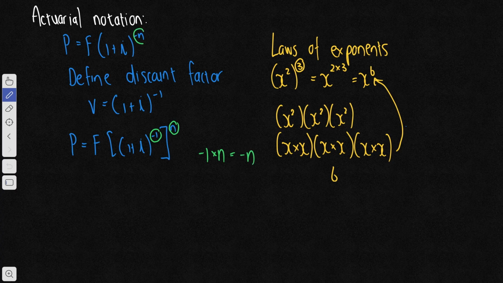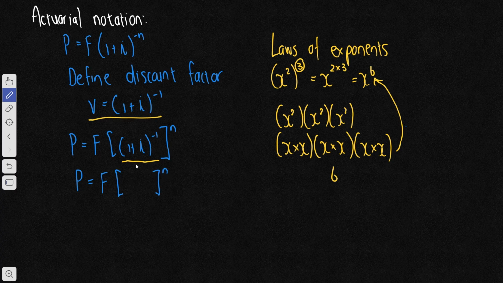And that is exactly the original equation that we had. Now the inside of the square brackets equals the definition for v. So we can rewrite this as present value equals future value, keep the square brackets to the power n, and substitute this value for v.